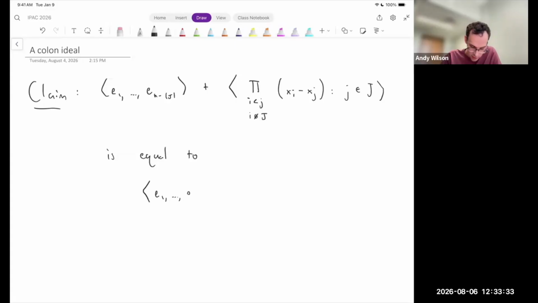I'll define what I mean by colon ideal in a second, but if you already know what that means, then you're in the clear.